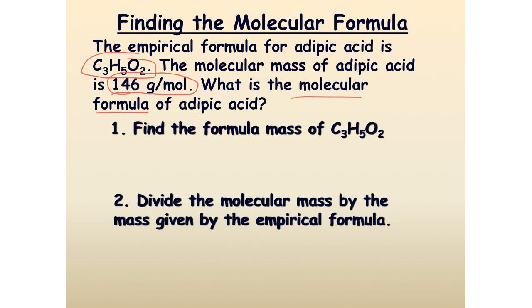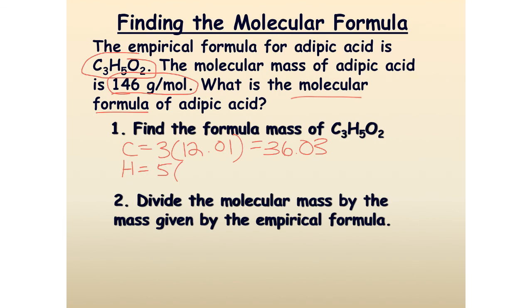So we are looking for a multiple of the empirical formula. So the way that we do that is we add up the gram formula mass of the formula they gave us. So we do that real quickly. So for carbon, we got 3 carbons.